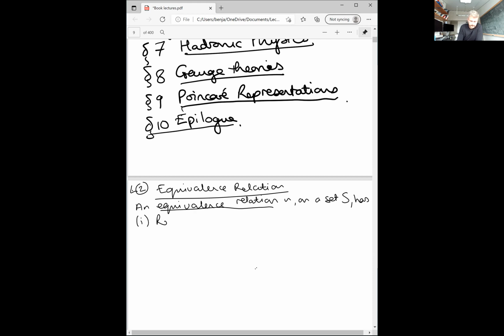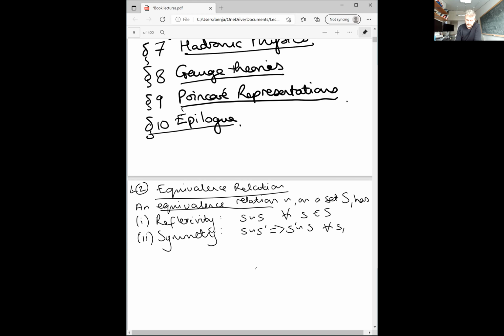Firstly, it's got a property called reflexivity. So here, every element of the set is equivalent to itself. There is a symmetry property such that if 2 elements are related by this equivalence relation, then if the first one is related to the second one, then the second one is related to the first one.